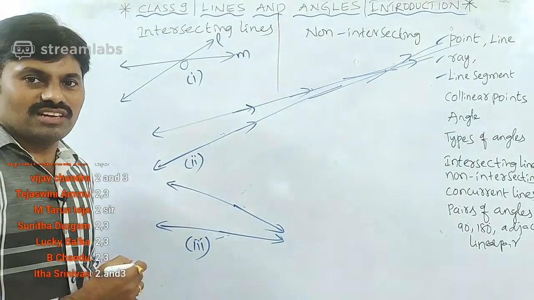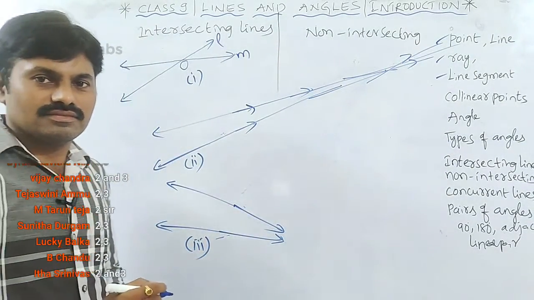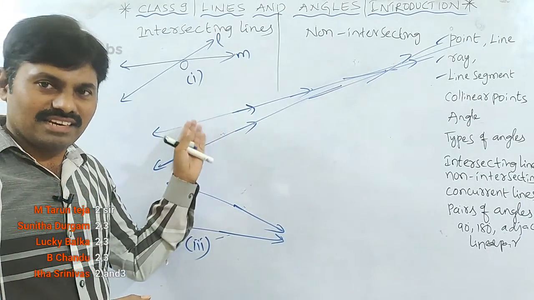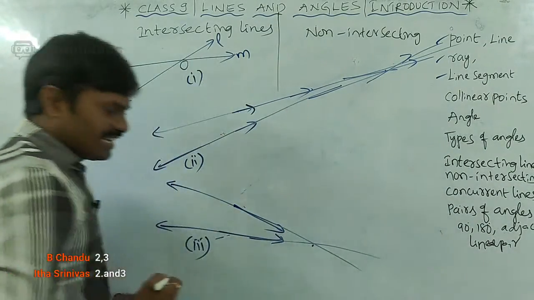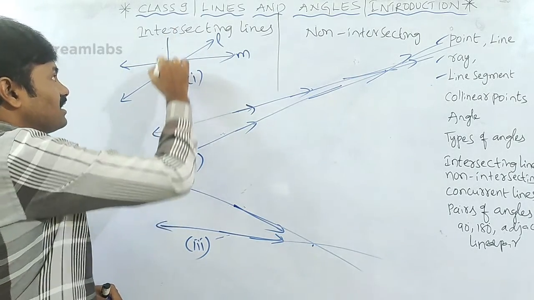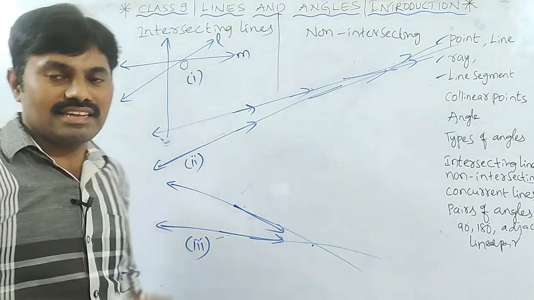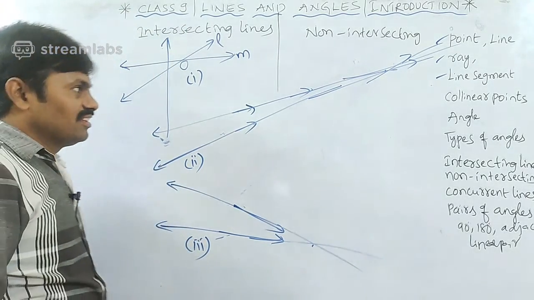If you extend, these two are somewhere intersecting. So these are not non-intersecting lines. These are intersecting lines itself. If you extend like this, both are intersecting at this point. So these are all intersecting lines only. Okay, clear.